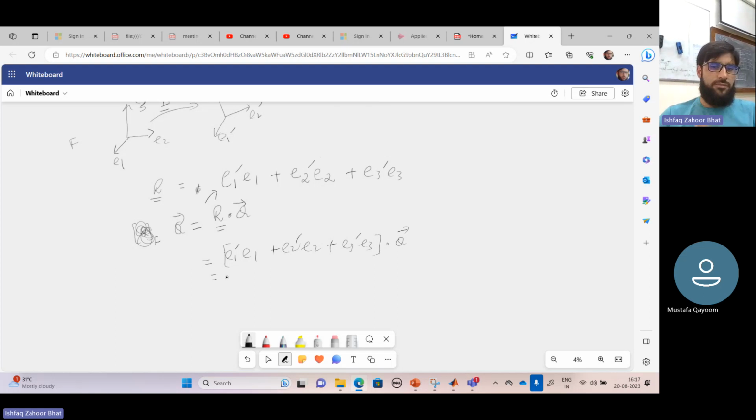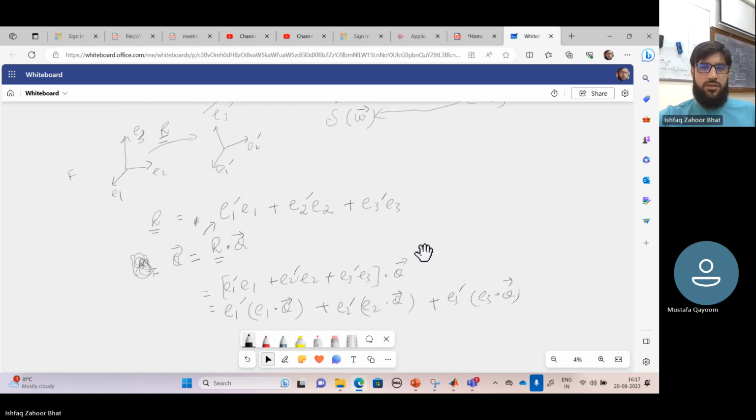And by definition of dyads, it is E1 dash E1 dot Q plus E2 dash E2 dot Q plus E3 dash E3 dot Q. So this is what the rotation tensor did to this Q vector.